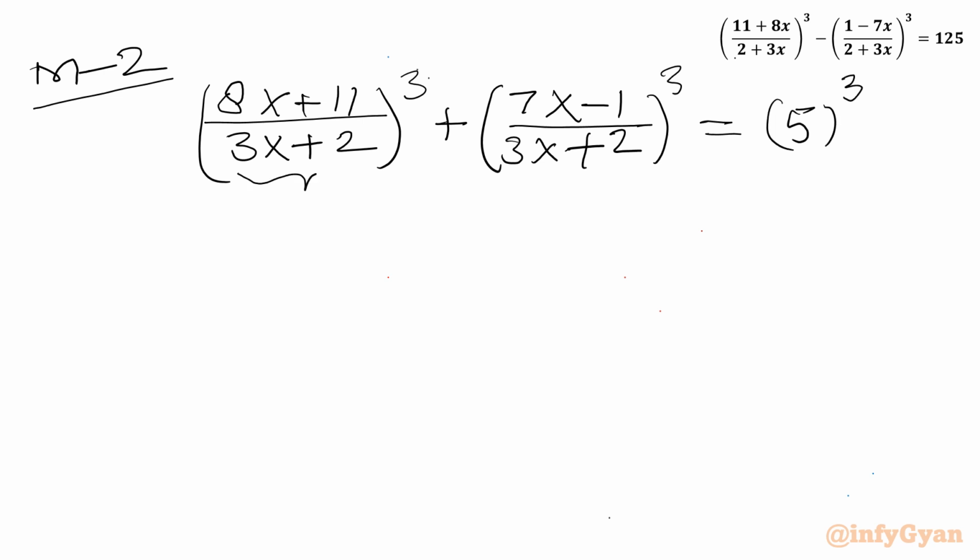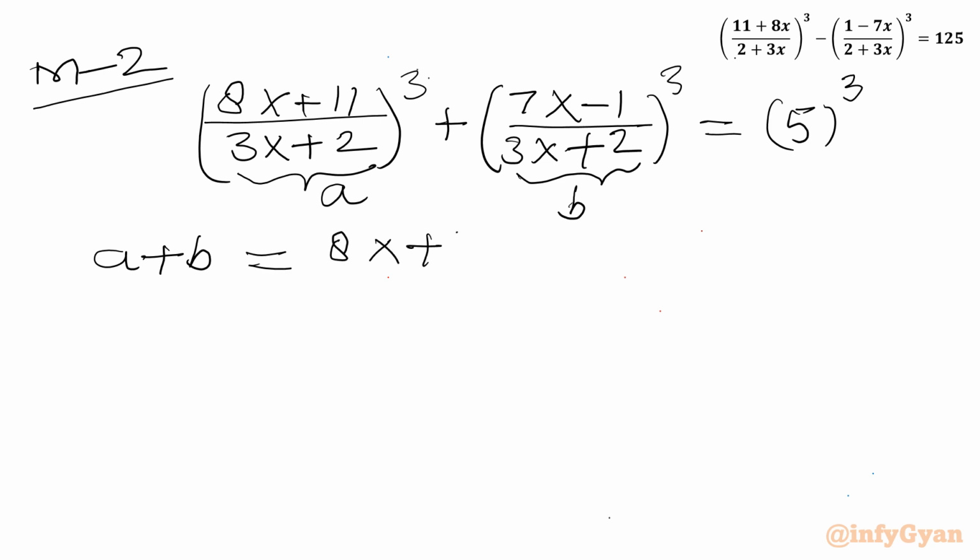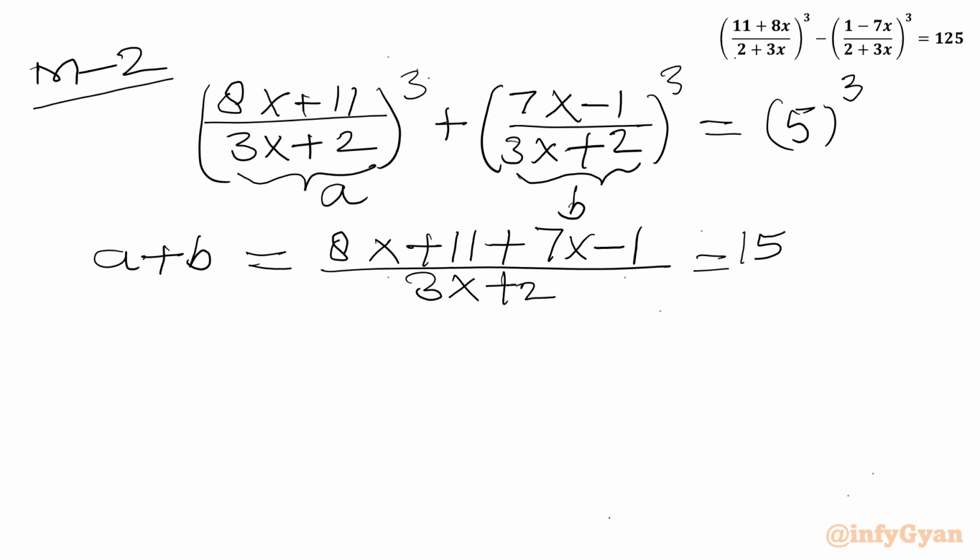Now I will consider this is A, this is B, bracket only. Now I will check A plus B value. So if I check A plus B, then 8x + 11 plus 7x - 1 over 3x + 2, which is nothing but (15x + 10)/(3x + 2).